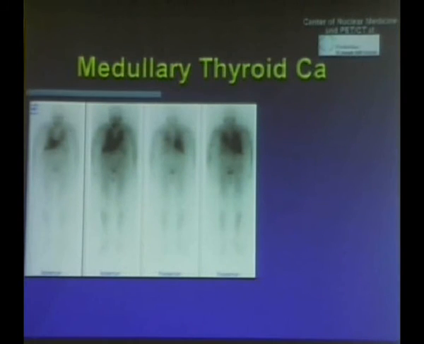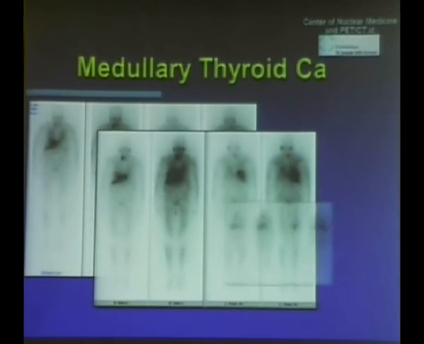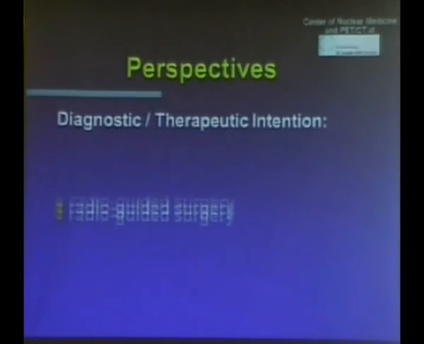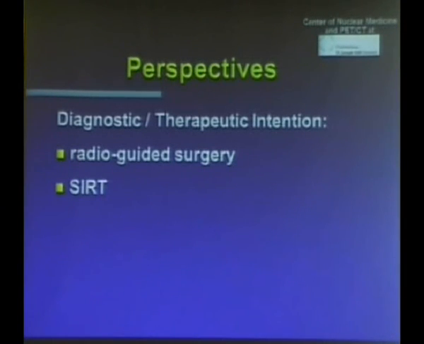The medullary thyroid carcinoma is a typical indication for MIBG. You can clearly define this tumor, also the metastasis in the liver. This was a multimorbid patient who could not be resected, so an MIBG scan and an MIBG therapy was performed. Now let us have some views into the future.